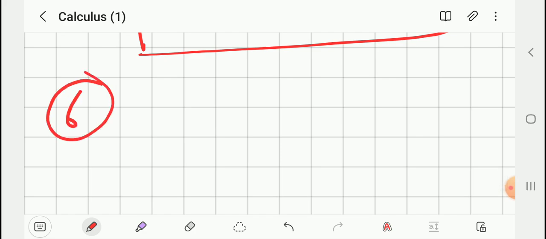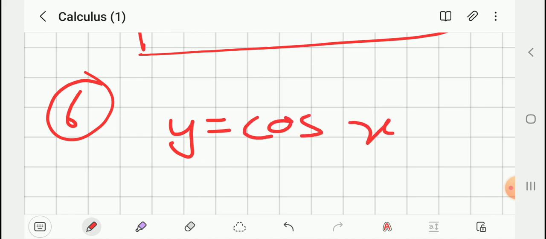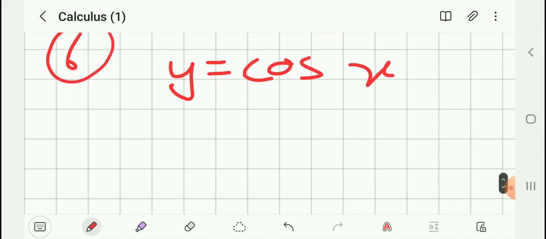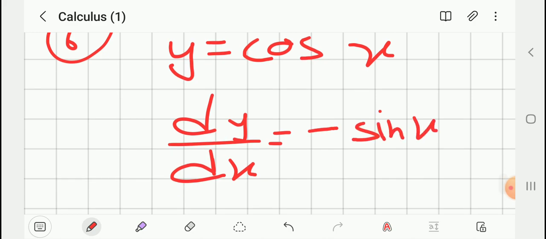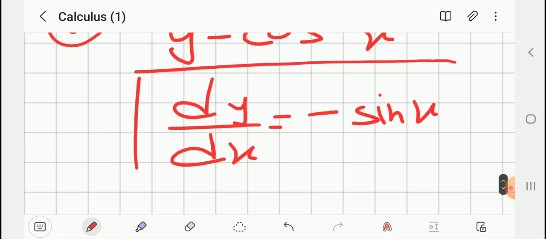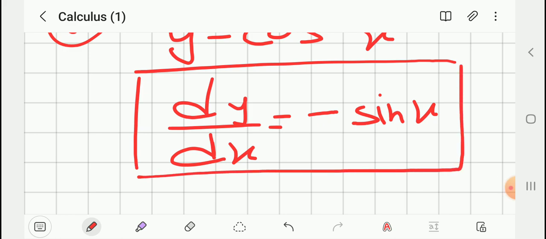Sixth formula, where y is equal to cos x. Here you will be thinking that dy by dx is equal to sin x, but no, guys, you are wrong. The differentiation of y with respect to x, where y is equal to cos x, is minus sin x. It's an important formula. We encounter this a lot of times in physics.